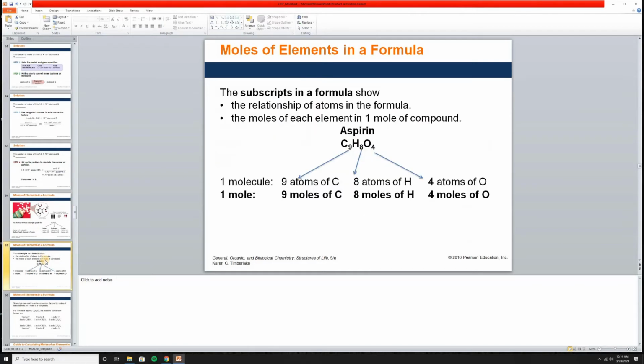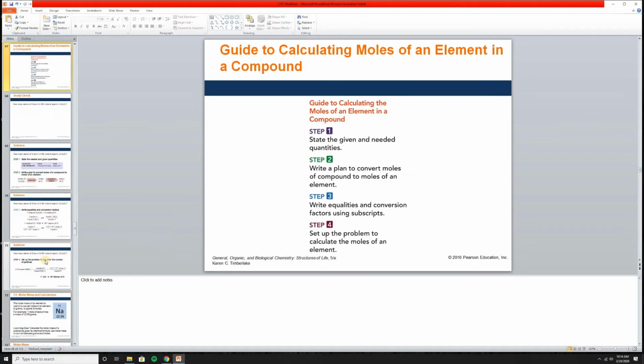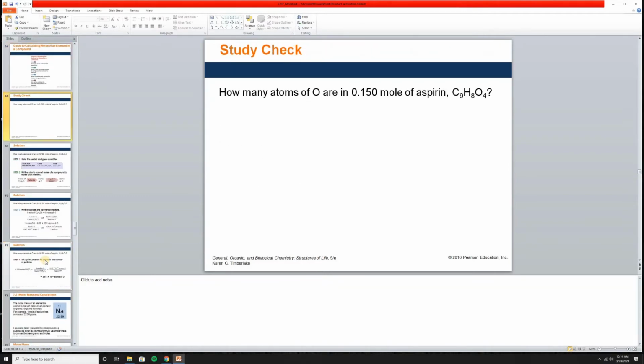That's important to know, and that's how we get into our molar mass. So we talked about this. Knowing that, we could do some more math. Let's do this one right now. How many atoms of oxygen, only oxygen, are in 0.15 moles of aspirin?